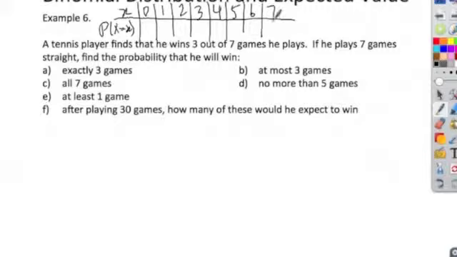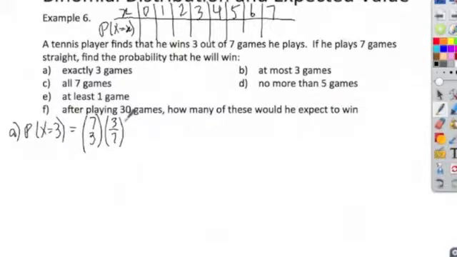All right. So in part A, the probability that x equals 3, that's a particular probability that we're looking for. You can calculate it using the formula. It would look like this: 7C3, the probability of success 3/7 raised to the number of successes, which is 3, and the probability of failure, the complement, 4/7 raised to the number of failures.